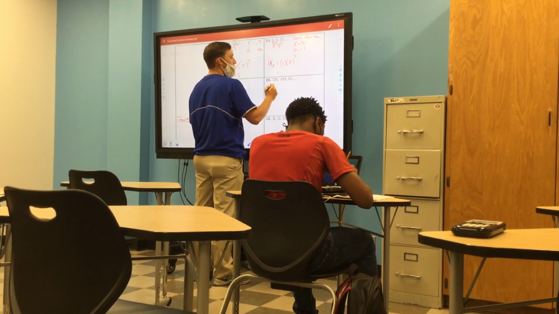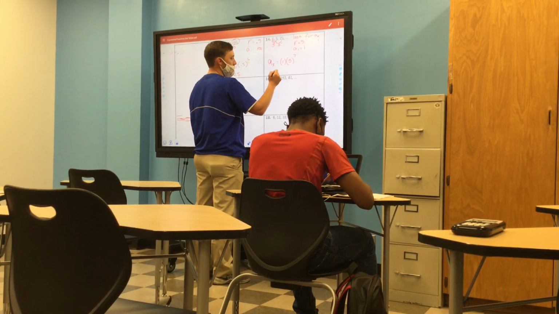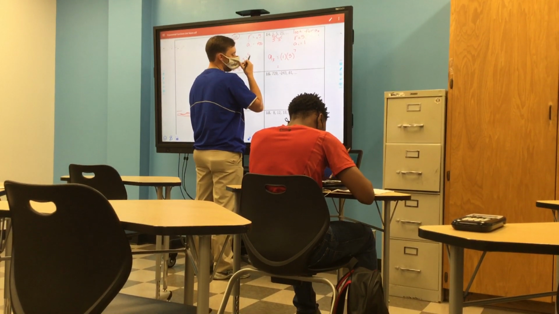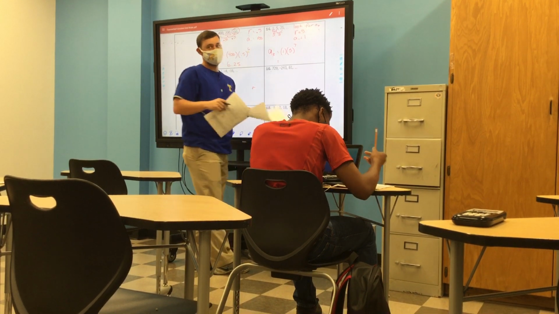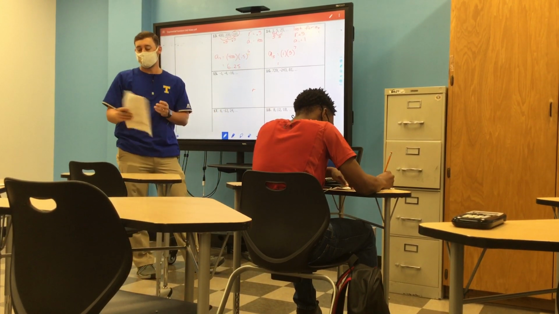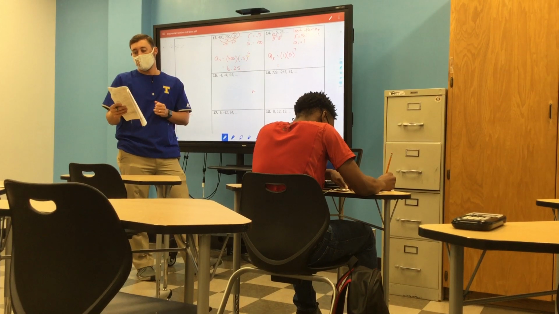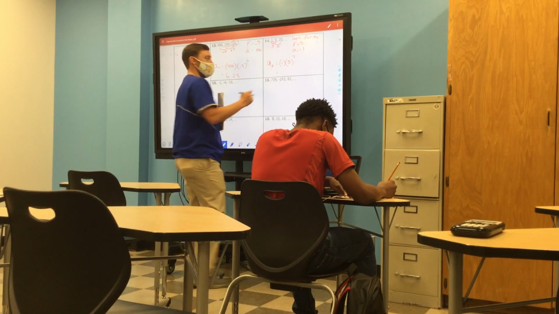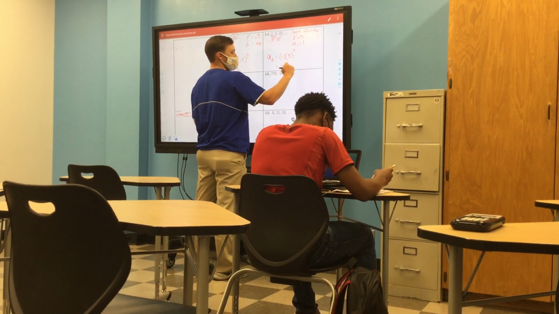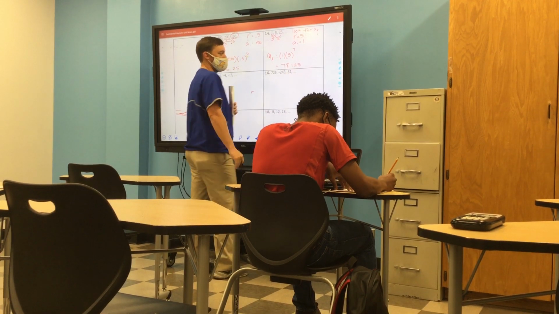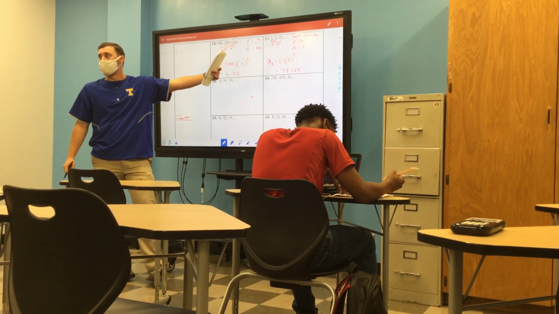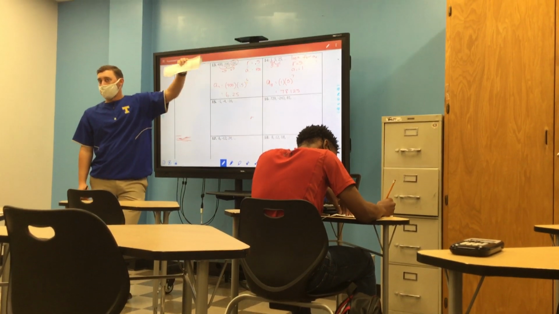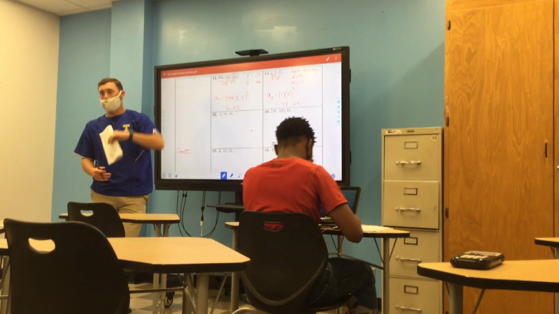What did you get? 78,125. Everybody agree? This will be different than what's on the key, because we changed the problem. If you're going back and looking at the key, that'll be different.